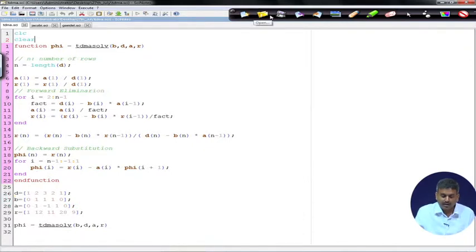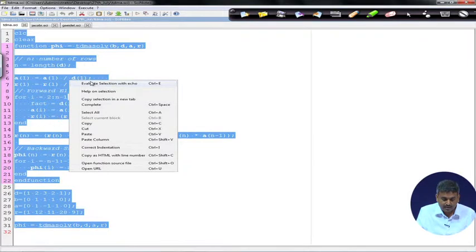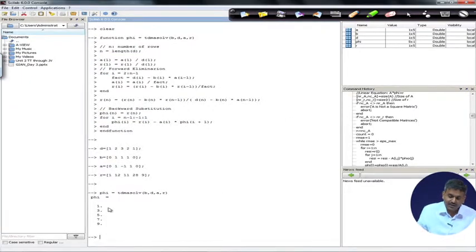So, let us see what solution it is giving. Now, we can select it and evaluate selection. We can see that it is directly providing the desired solution. The desired solution is our 1, 3, 5, 7, 9 odd numbers.